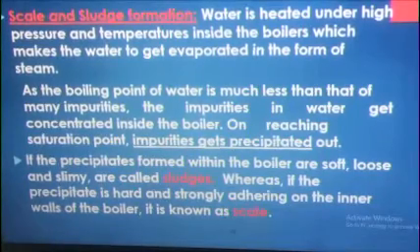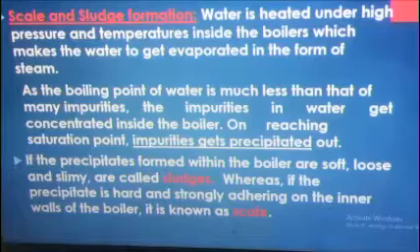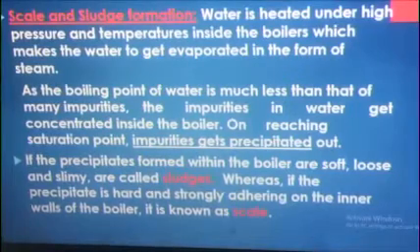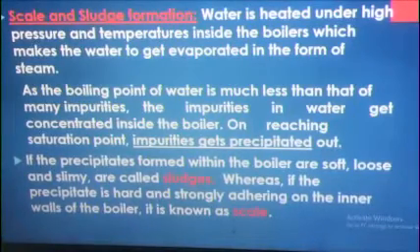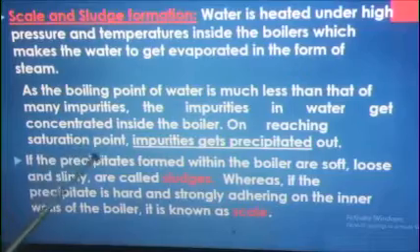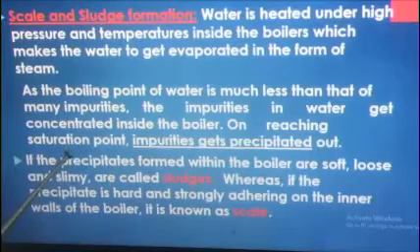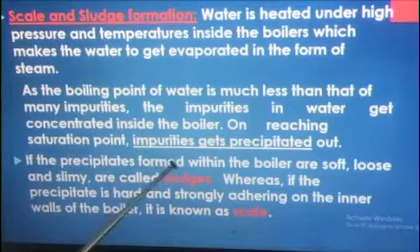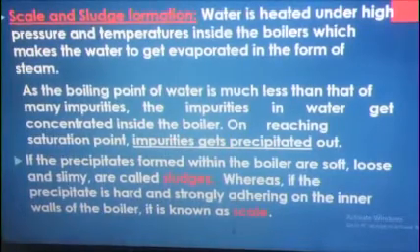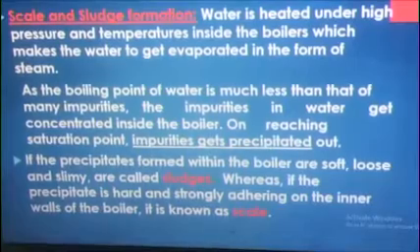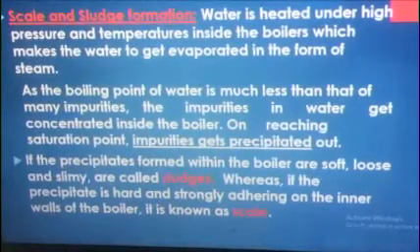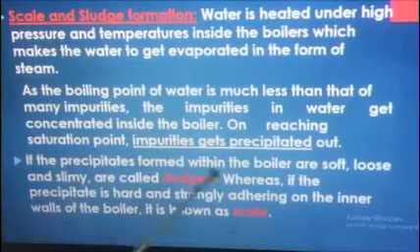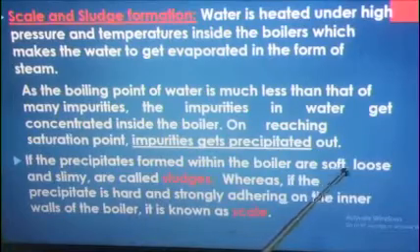Inside the boiler, the concentration of impurities keeps increasing as the water evaporates into steam. When the concentration of impurities reaches a saturation point, the impurities get precipitated out.